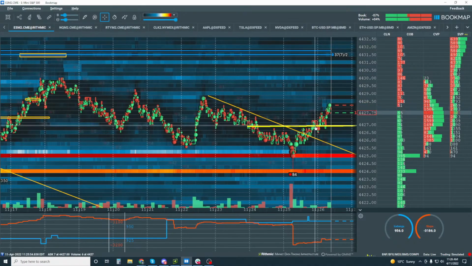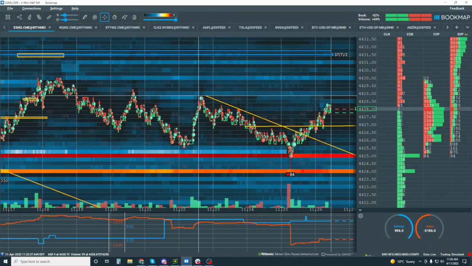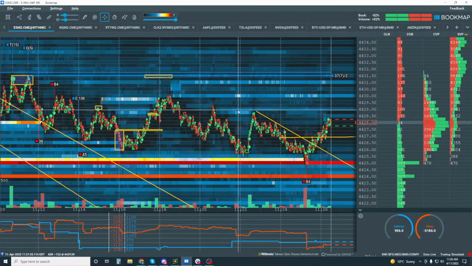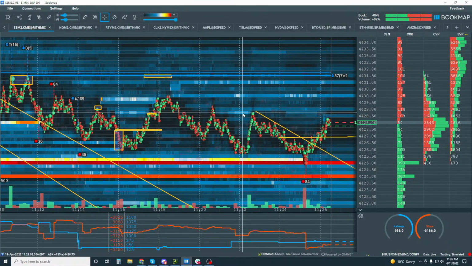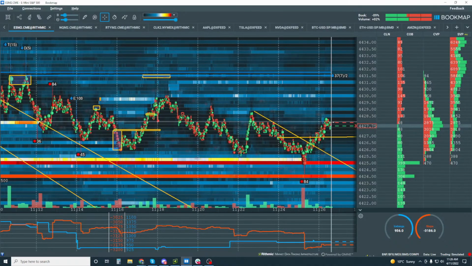Okay, well, we're getting buyers above that structure. We're back up here. Can we get buyers up here at 29? Or is it still making a lower high?